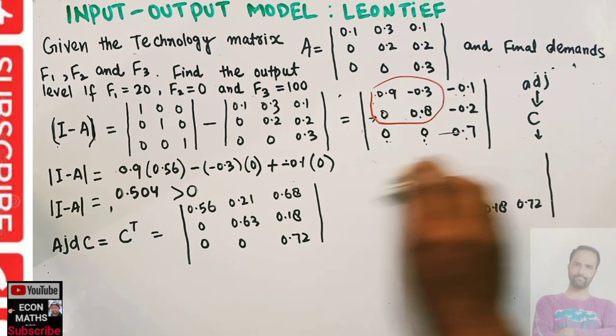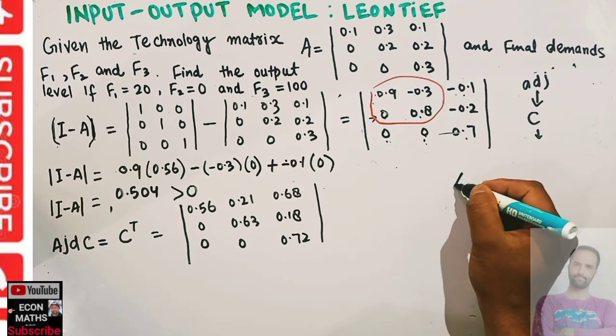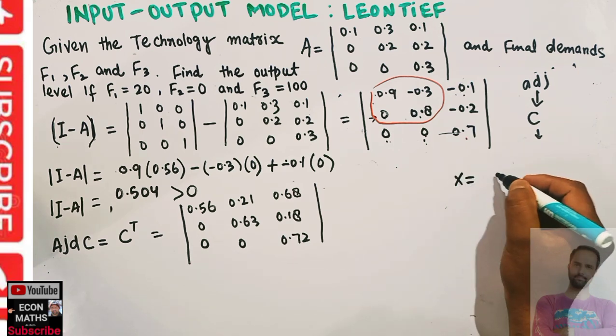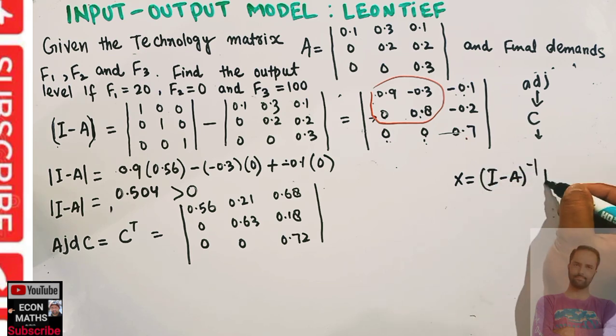Okay, so what exactly do we need to find out? So I have written it exactly that our x should be equal to I minus A inverse into d.